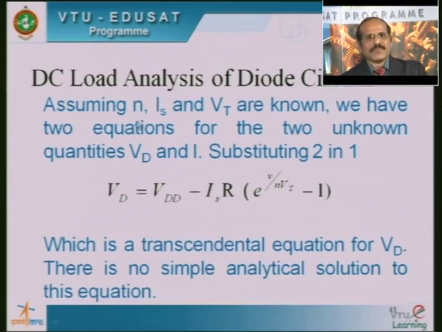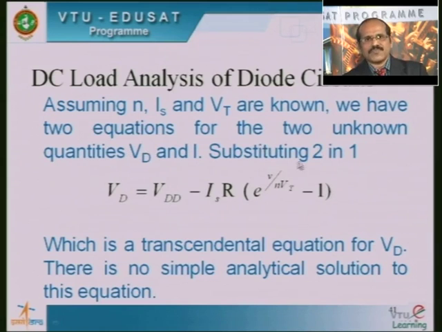Assuming n, Is and thermal voltage are known, we have two equations for two unknown quantities: one is Vd and the other is I, the current flowing through the circuit.